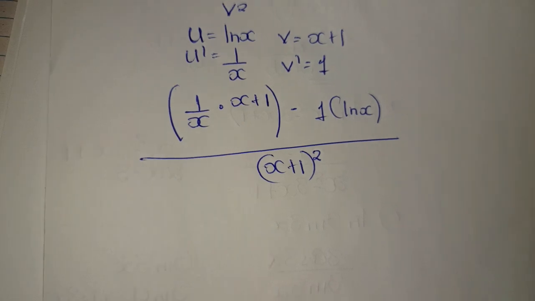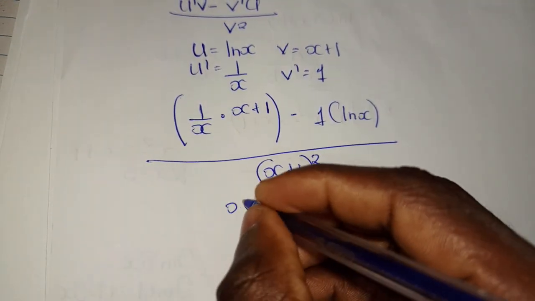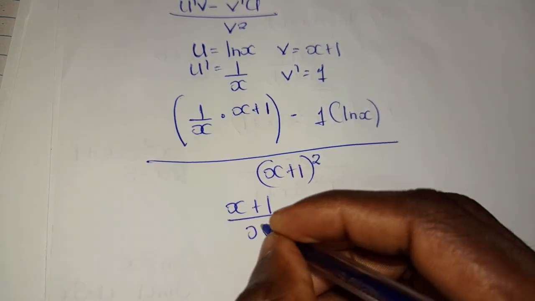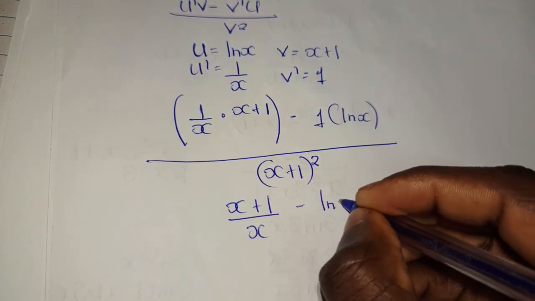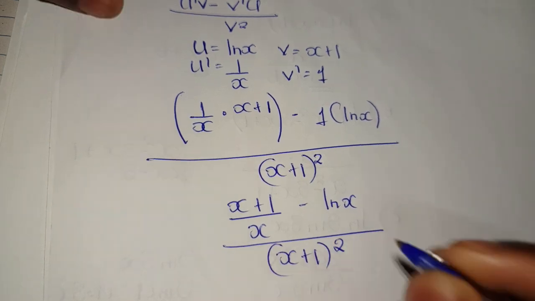Then what we will do now here is 1 times x is x plus 1 over x, minus ln x over x plus 1 squared, like this.